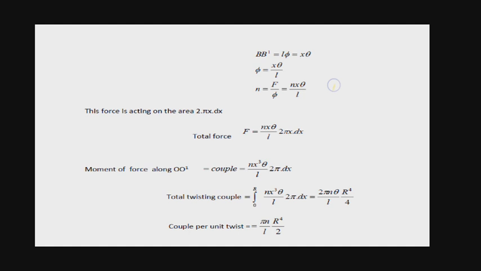This force is acting on the area 2 pi x dx. So, the total force becomes F is equal to eta x theta divided by L into 2 pi x dx. So, the moment of force along OO dash is equal to the couple.